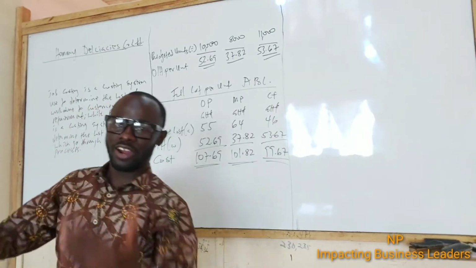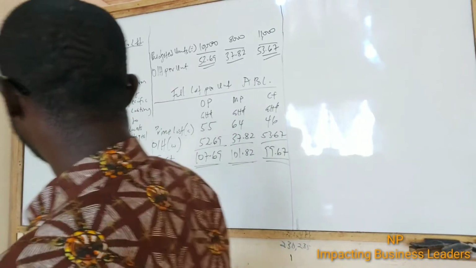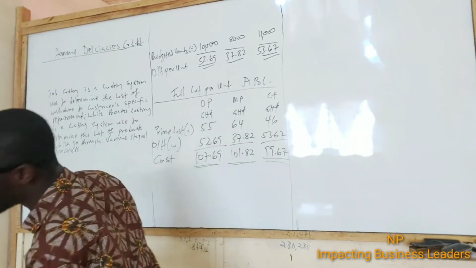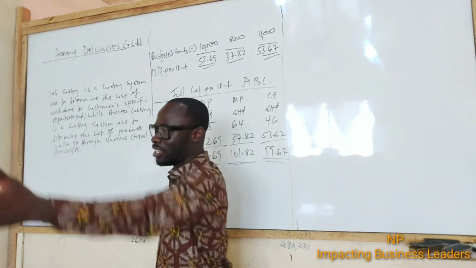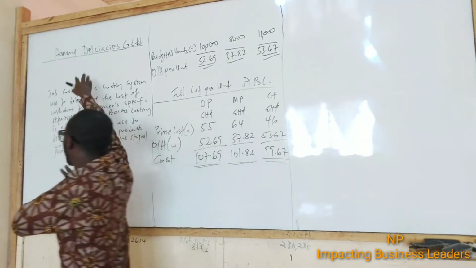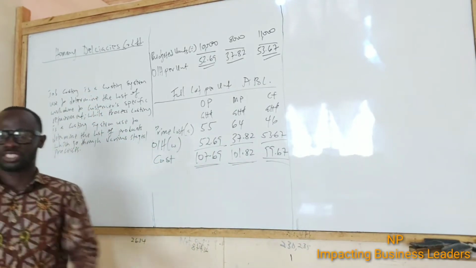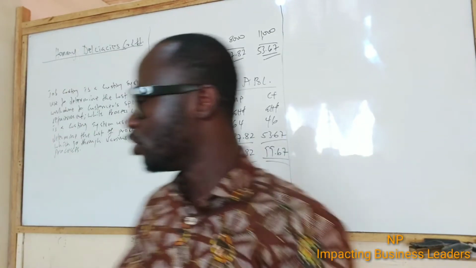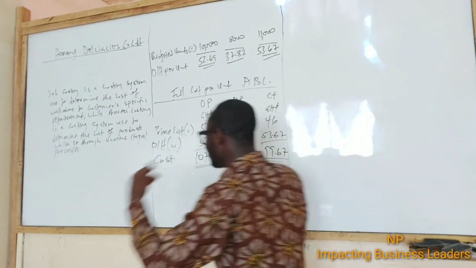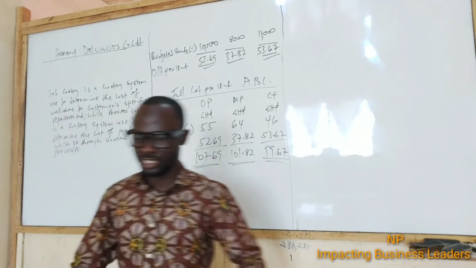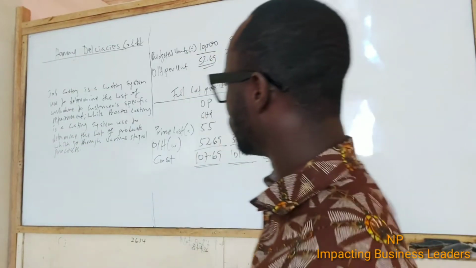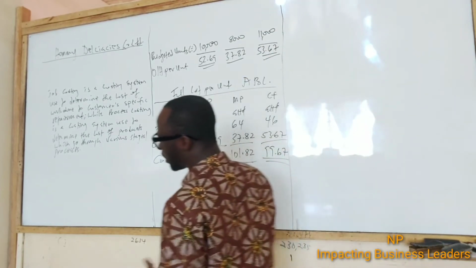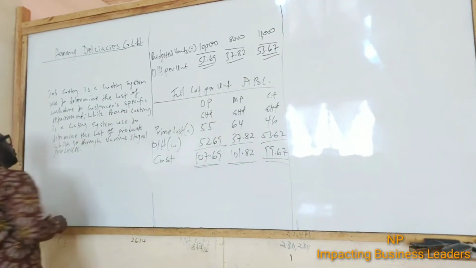If we take materials to the tailoring shop, the design, my size and everything will be different from yours, so our cost will be different. That's job costing. But process costing, like she mentioned, is the brewery industries, food processing companies, textile companies.